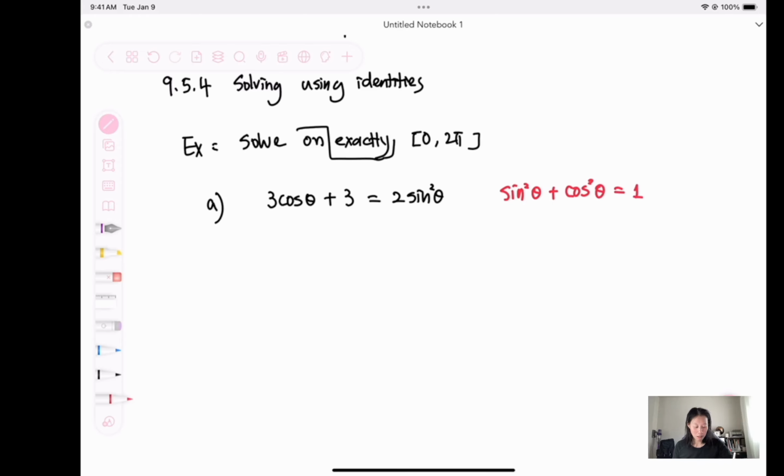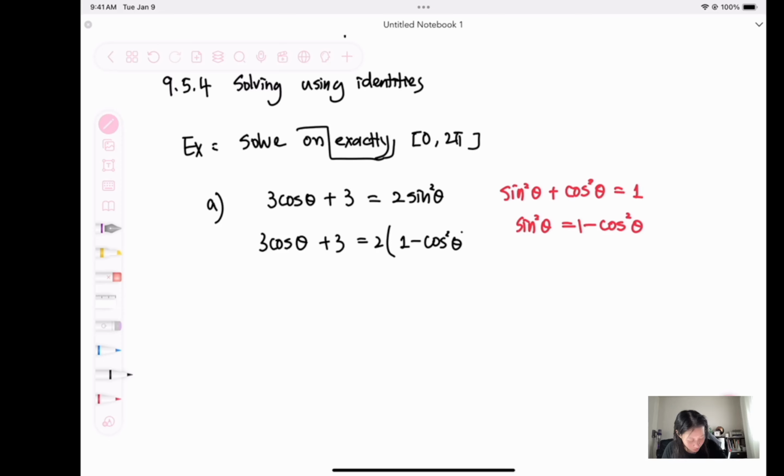So sine square equals 1 minus cosine square theta. Let's rewrite this: 3 cosine theta plus 3 equals 2 times 1 minus cosine square theta. The good thing is that instead of dealing with two trigonometry functions, we're just dealing with one, which is cosine.